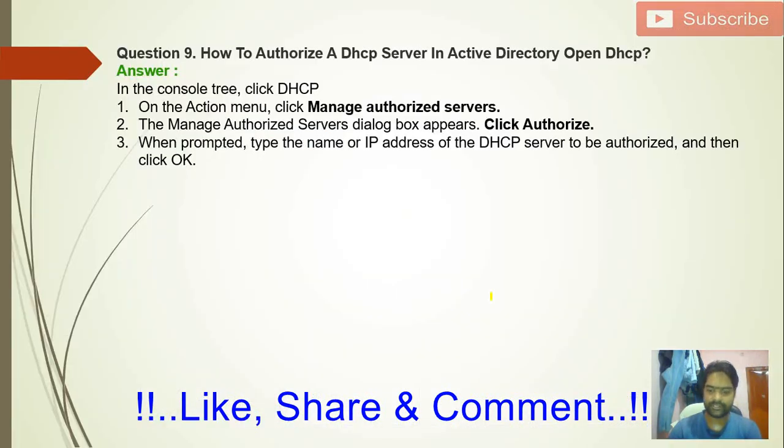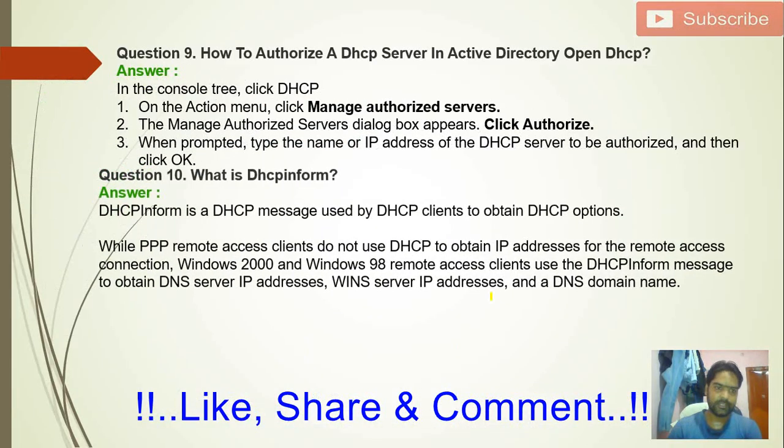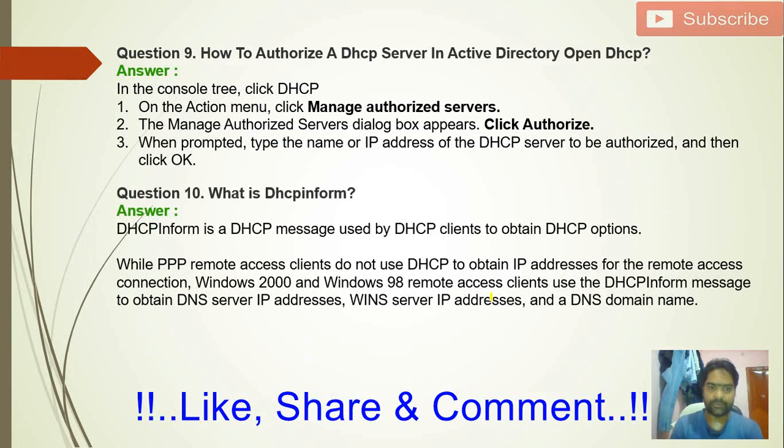The next question is, what is DHCP inform, not information. It is a message basically used by a client to obtain DHCP options, while a point-to-point remote access client does not use DHCP to obtain an IP address.